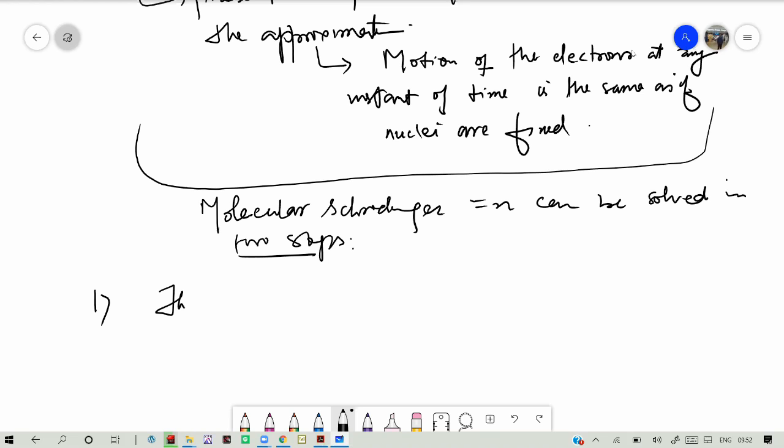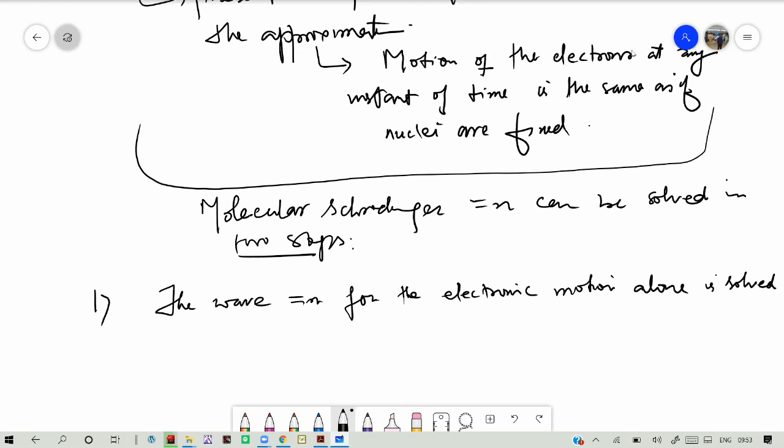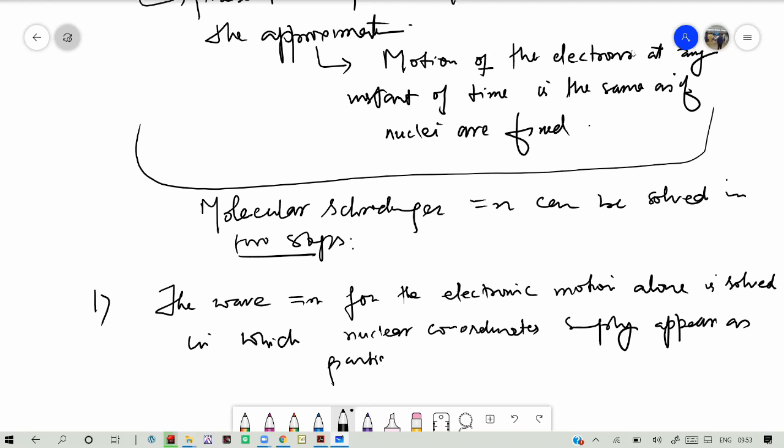The wave equation for the electronic motion alone, the independent motion of electrons, is first solved, in which the nuclear coordinates simply appear as parameters because they are not varying. So they appear as simple parameters.